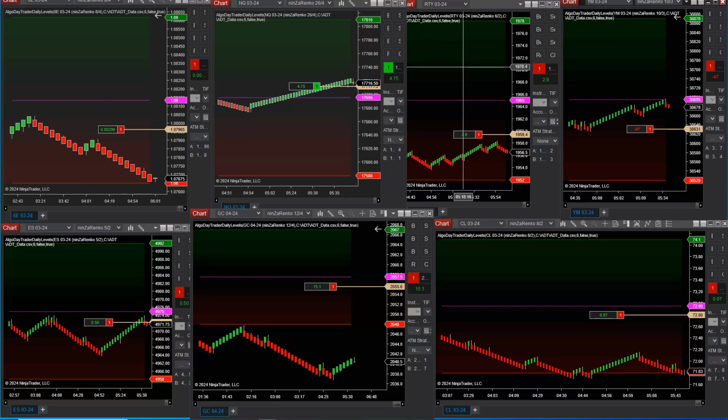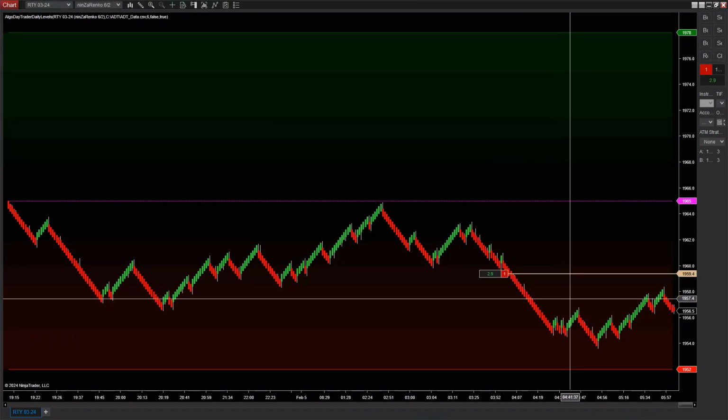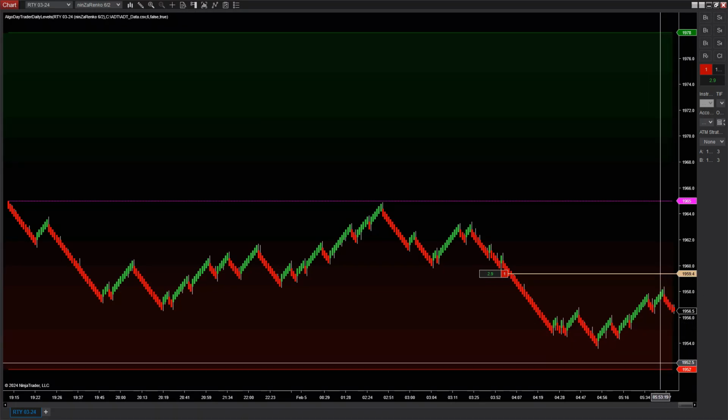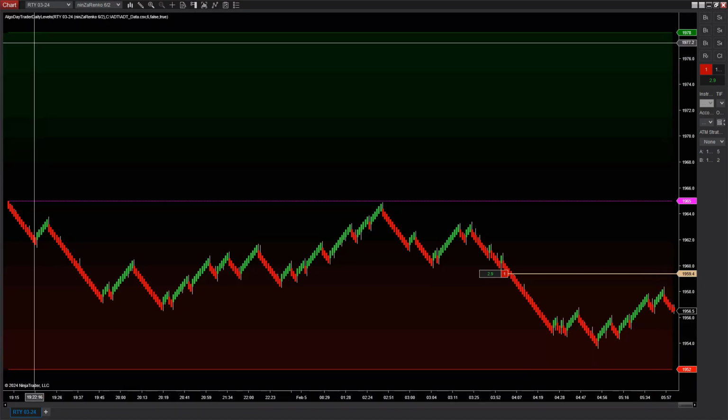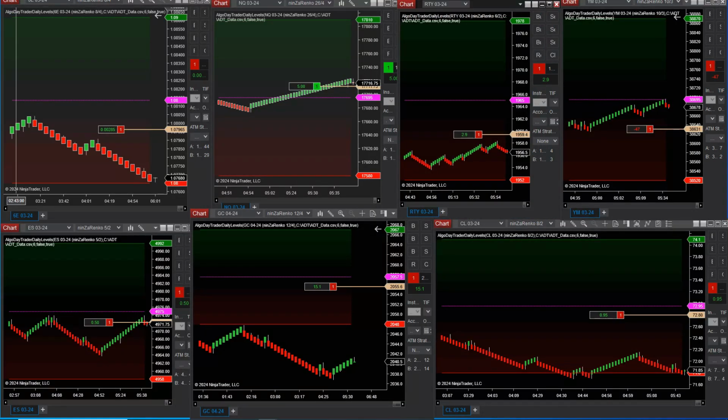Looking at the Russell, it is way below the midpoint, really not too far from its sell level. So it is the weakest out of the four indices. Why is that important?